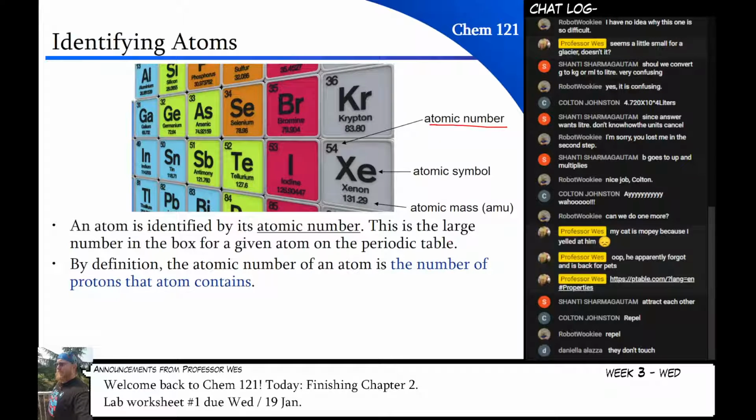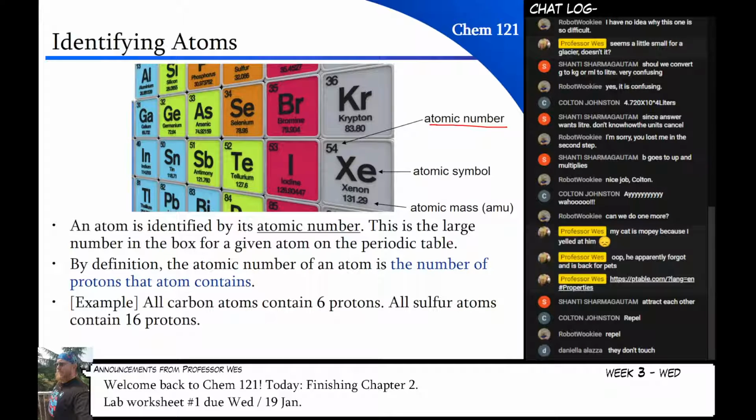But changing the number of protons is extremely difficult and does not happen in chemistry. So that's convenient for us. We can use the number of protons as a name. There are more examples on the screen there. Sulfur has 16 protons, carbon has 6 protons, oxygen has 8 protons, neon has 10, and so on and so forth.